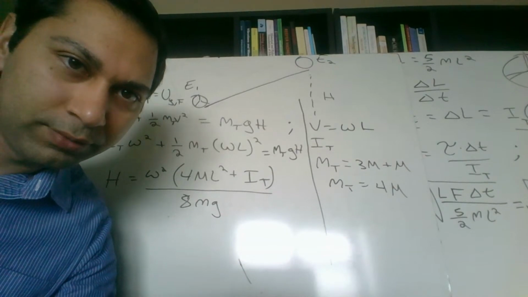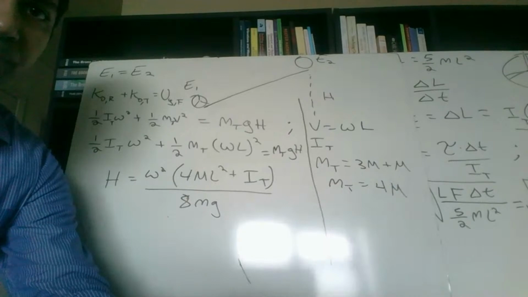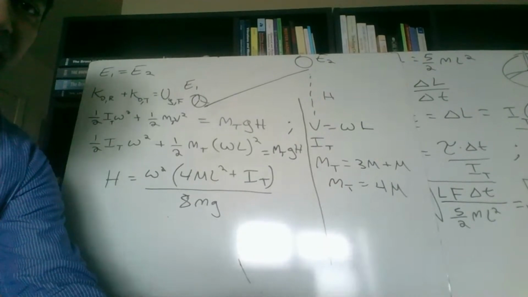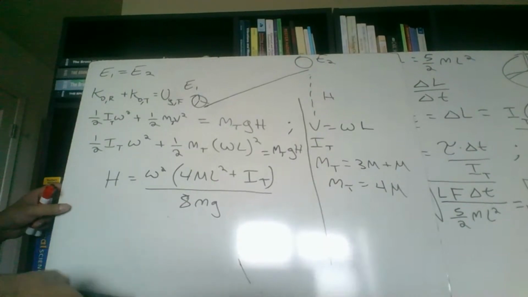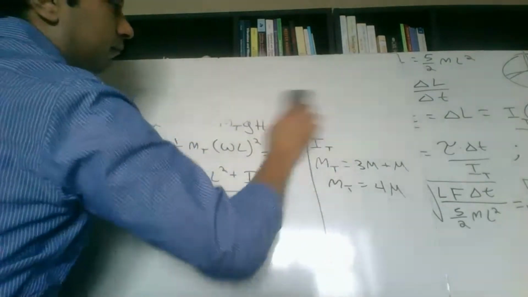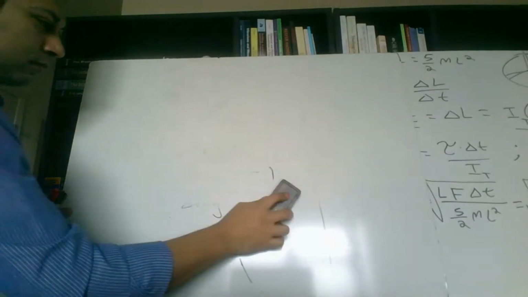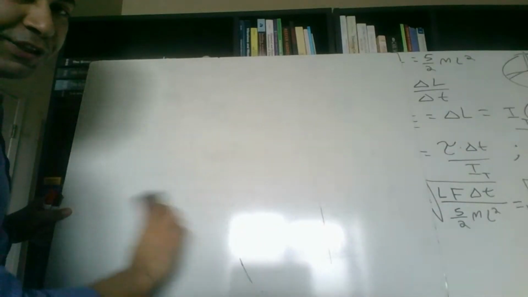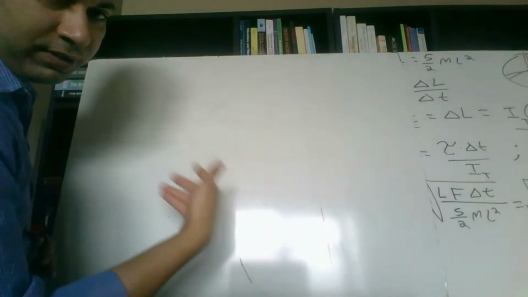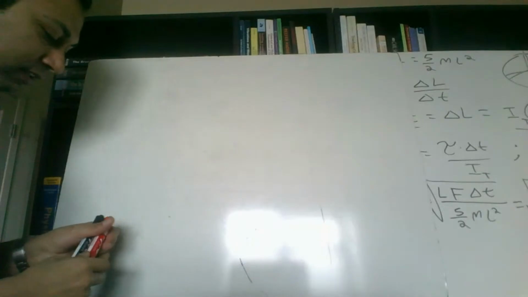So question 2, you've got a ball that's rolling down a table. And if you can do these questions after this, you should be able to do the homework questions too, because I made them very similar.